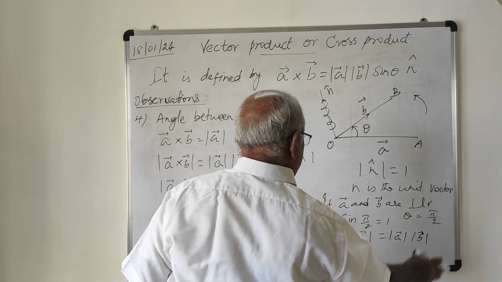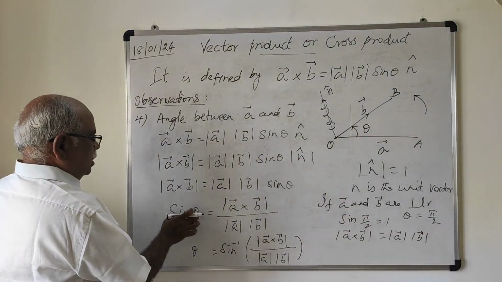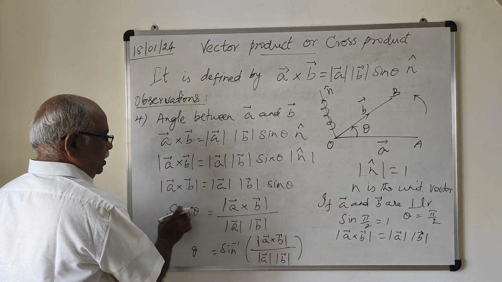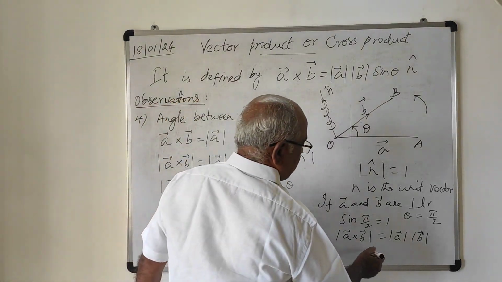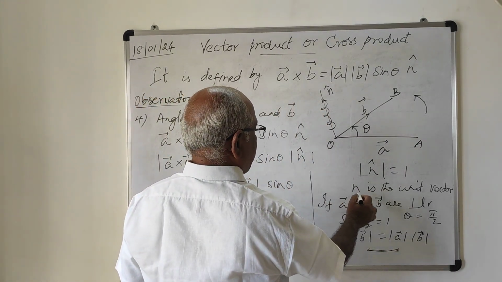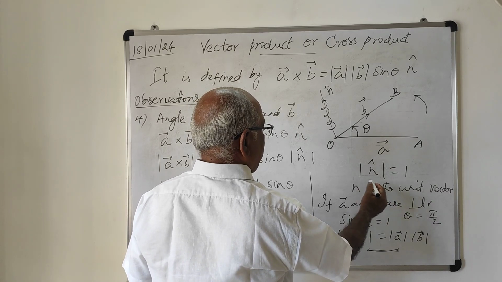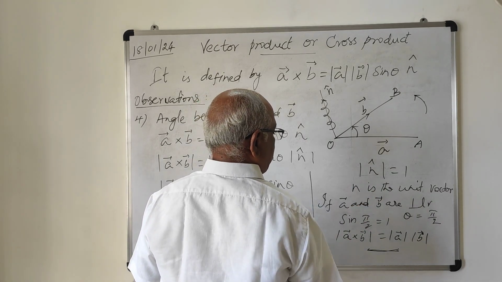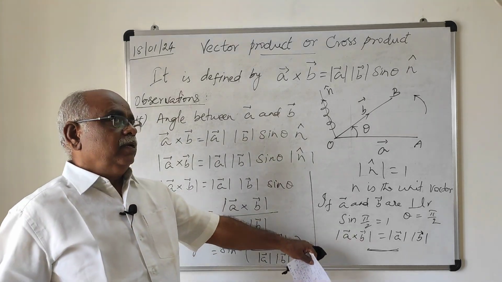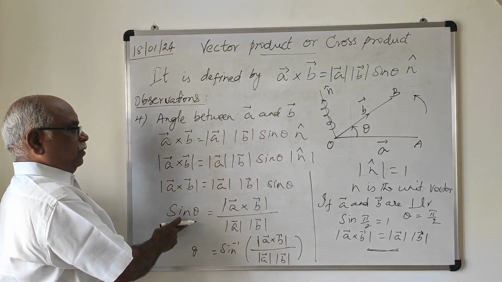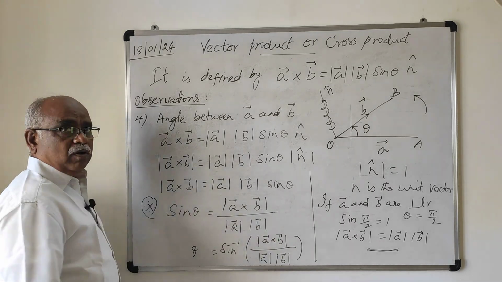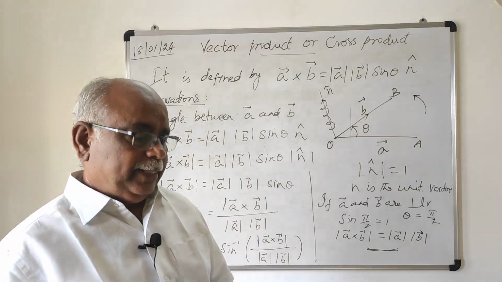Because sin theta is 1, cross multiplying, mod of A cross B is mod A into mod B. It's a particular case, but generally the angle between the two vectors is given by sin theta equal to mod of A cross B by mod A into mod B.